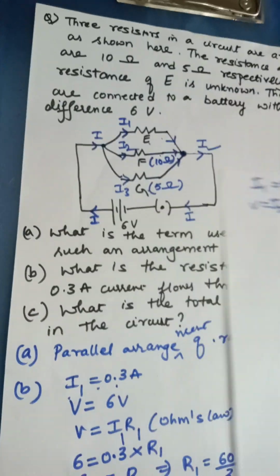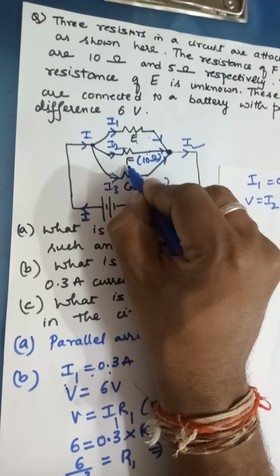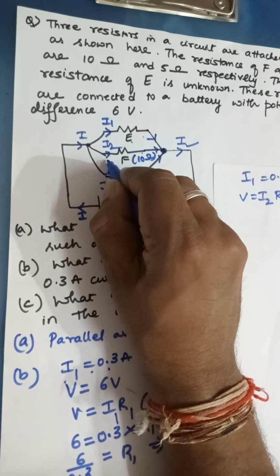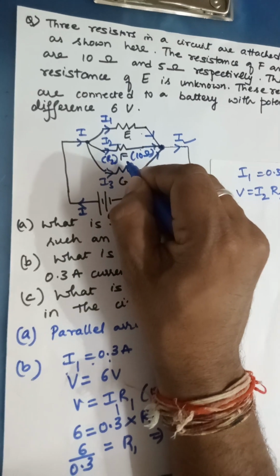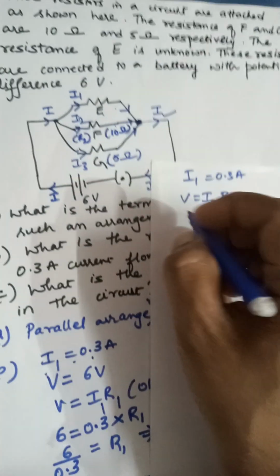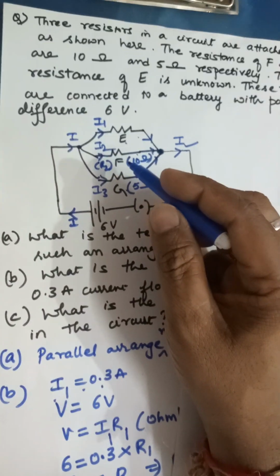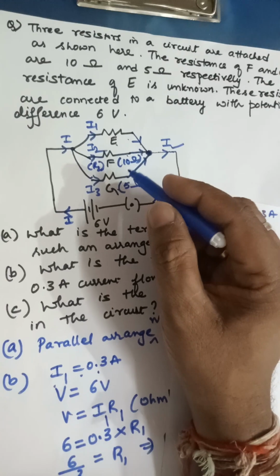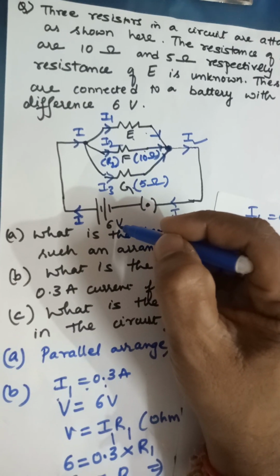Now, I2 is the current through the resistor F, and R2 is the resistance of the resistor F. As I told before, the potential difference across the three resistors will be equal, and it will be equal to the potential difference of the battery.